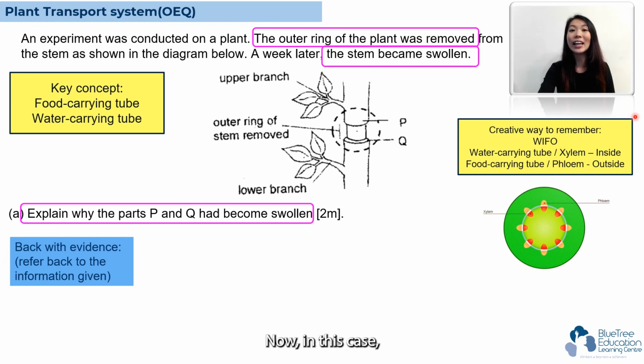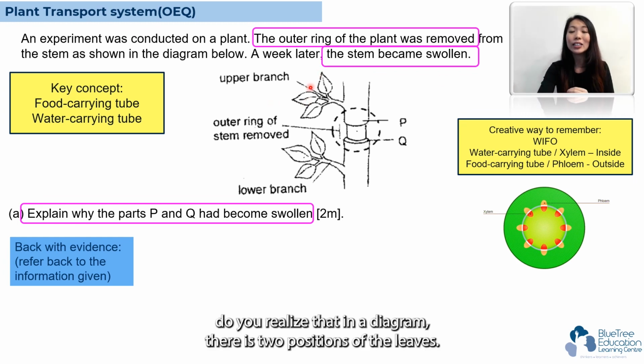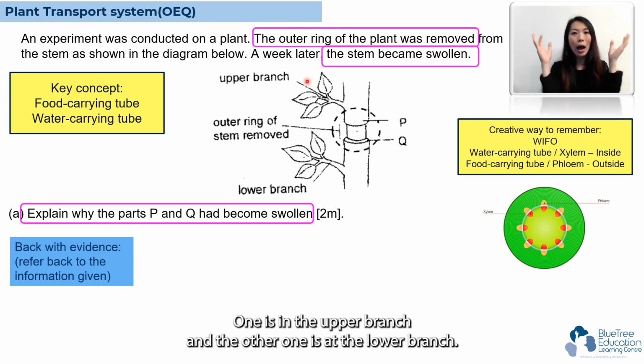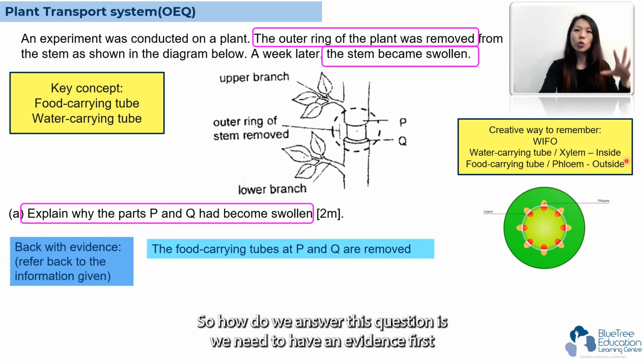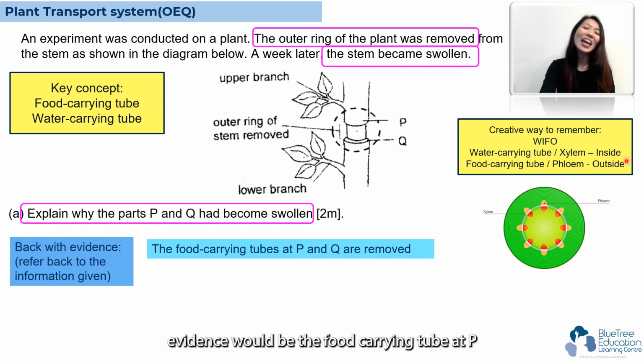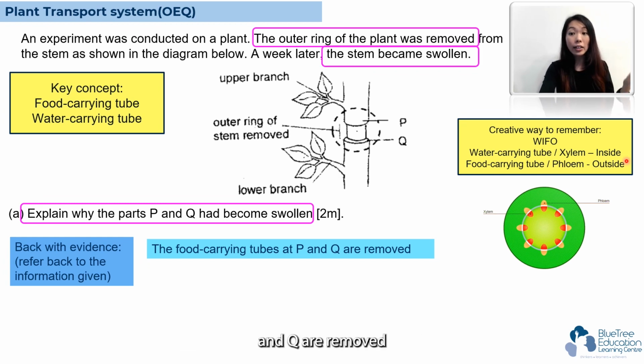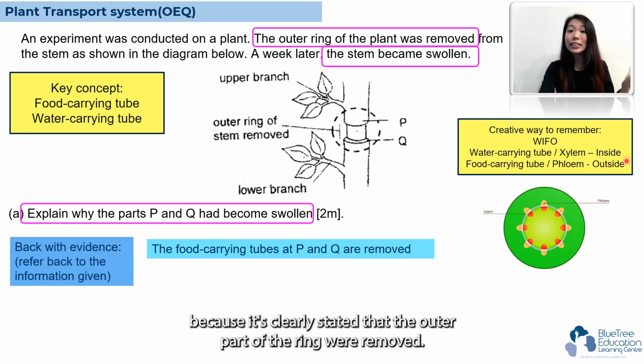Do you realize that in the diagram there are 2 positions of the leaves? One is at the upper branch and the other one is at the lower branch. So how do we answer this question? We need to have an evidence first. Evidence will be the food carrying tube at P and Q are removed, because it's clearly said that the outer part of the ring was removed.